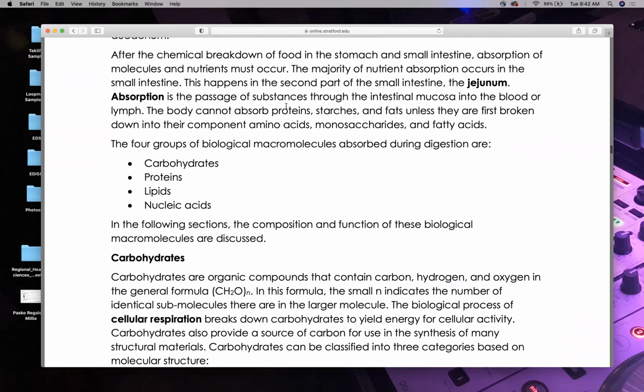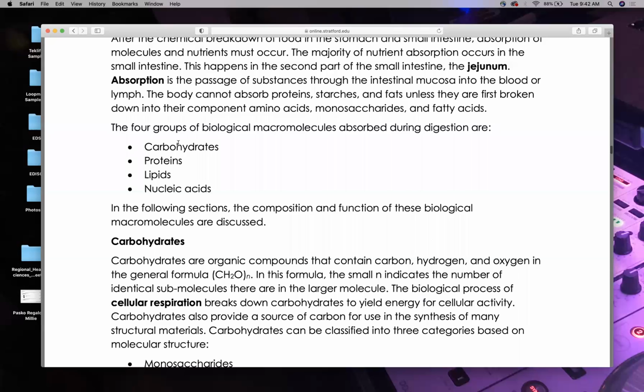All these other parts here, you could skip. The 4 groups of biological macromolecules. Now, the other chemistry that we were talking about, you know, sodium, chloride, hydrogen, water, well, not water, but those are minerals and elements that are inorganic.